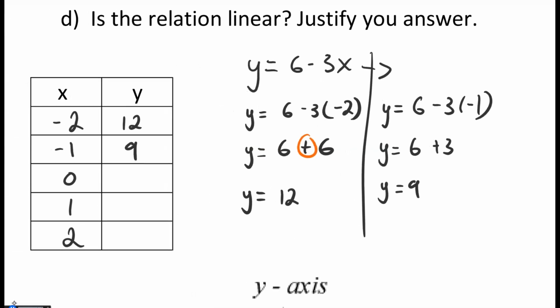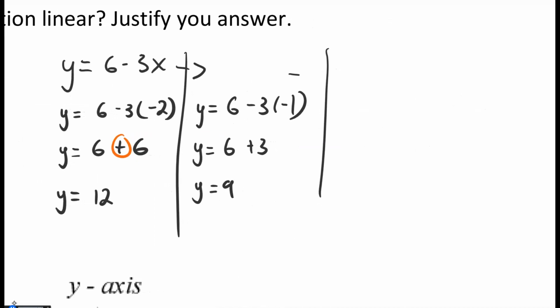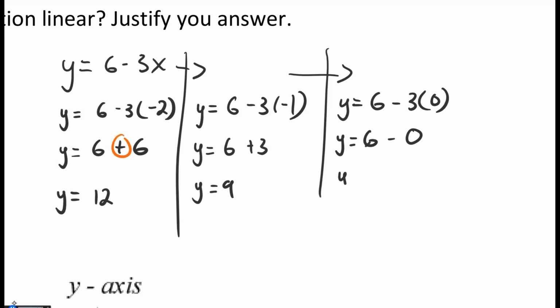Write that down. Same equation. Y equals 6 subtract 3 multiplied by 0. Y equals 6 subtract 0. Y equals 6.